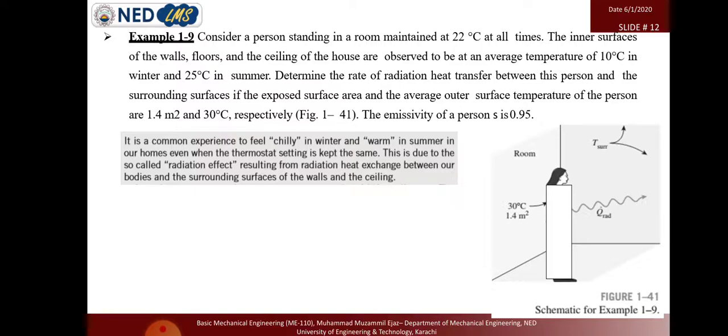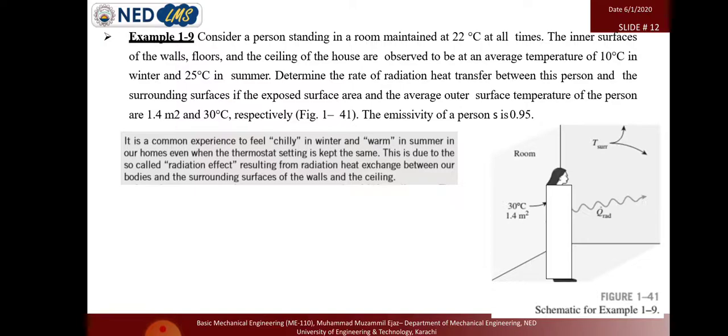So whether it is winter or summer, the room temperature is kept constant at 22 degrees centigrade. But in winter you feel chilly, and in summer at 22 degrees centigrade you feel a comfortable effect when you come in from a hotter surface.